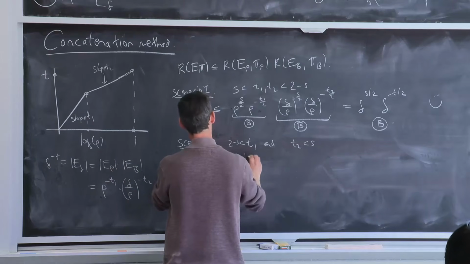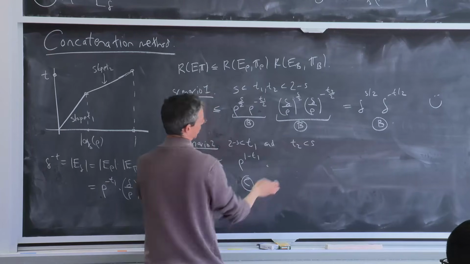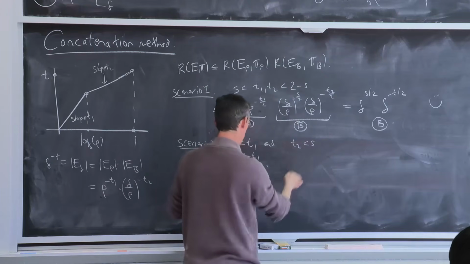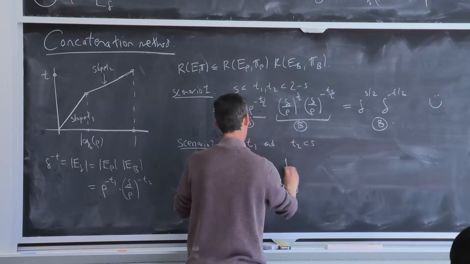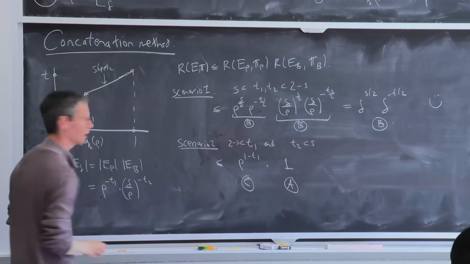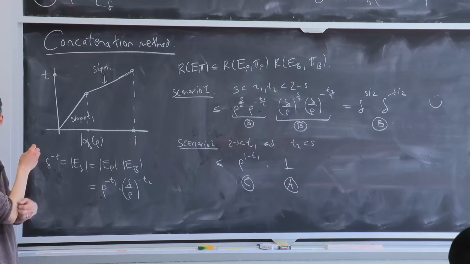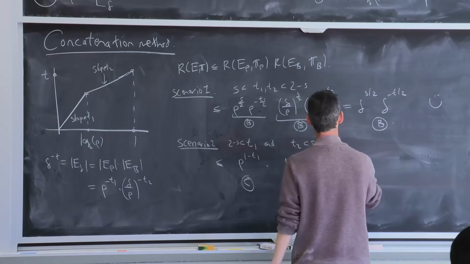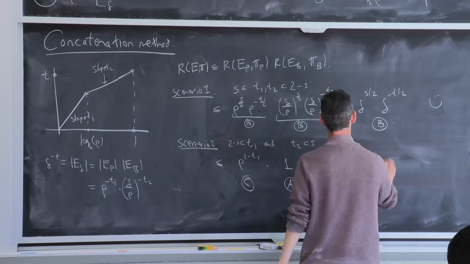I get rho to the 1 minus t1. And when I evaluate this, because this t2 is less than s, I'm in the A domain, which is 1. And that's not what I'm hoping for. That's actually much bigger than my goal.